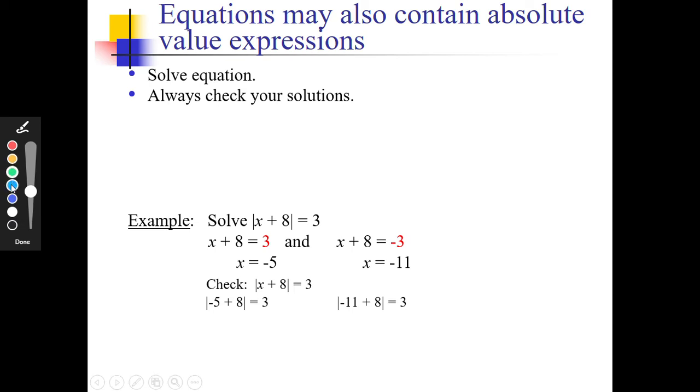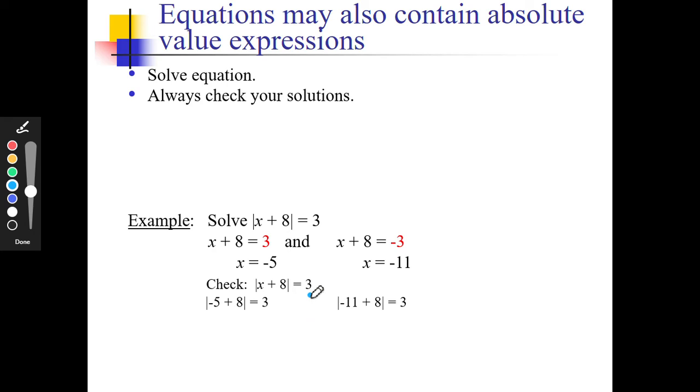Let me use blue. Now, we are going to see if this solution is correct and if this solution is correct. To do so, you will have to substitute the solution that we got in the original equation.